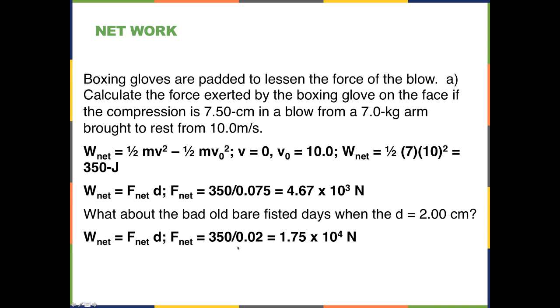And you can see now that all the velocity stuff doesn't change this first calculation, so you still have 350 joules of work done, but now it's done over 2 centimeters or 0.02 meters, and the same work is done over that, so the force goes up to 17,500 or 1.75 times 10 to the fourth newtons.